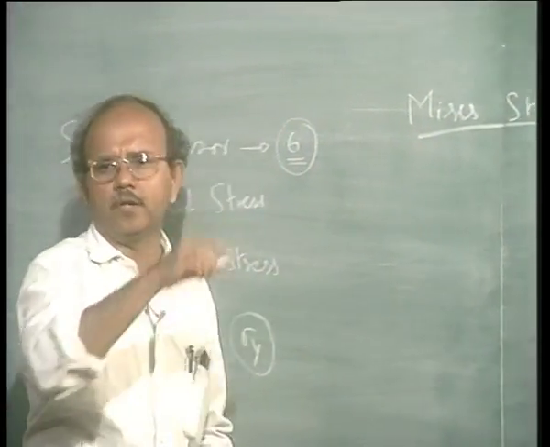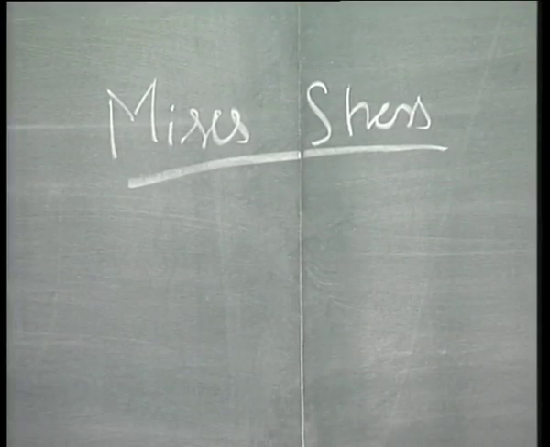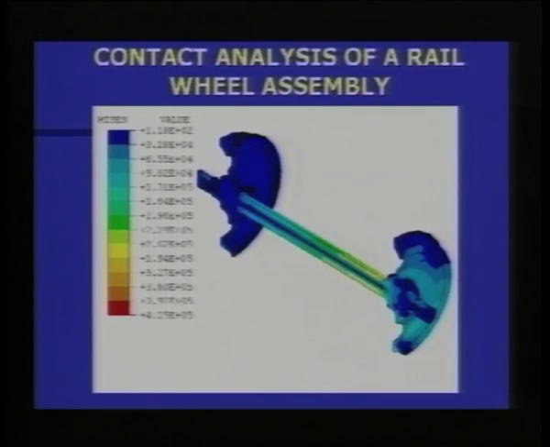Let us go back to our slide, what we were looking at in our previous classes. Look at that slide now. You see that what we are seeing is Mises stress. We did a contact analysis of a wheel and axle together, and what we were seeing is what is called the Mises stress. Let us look at the next slide.